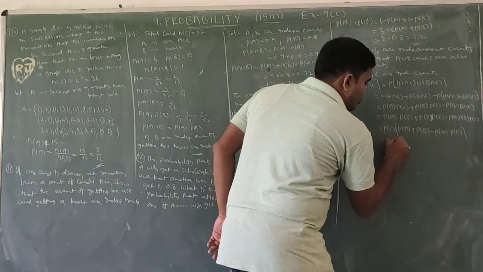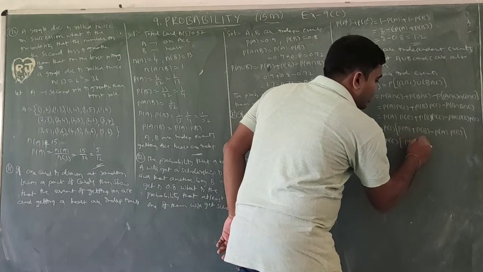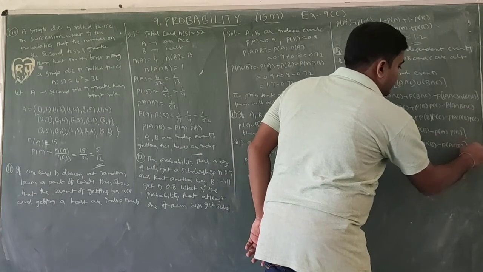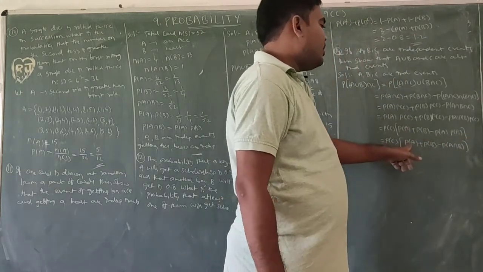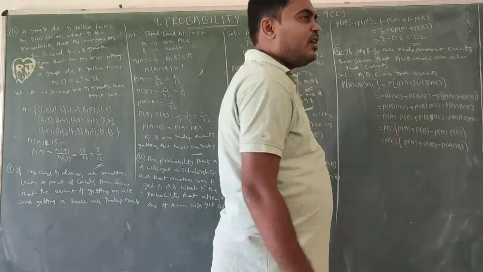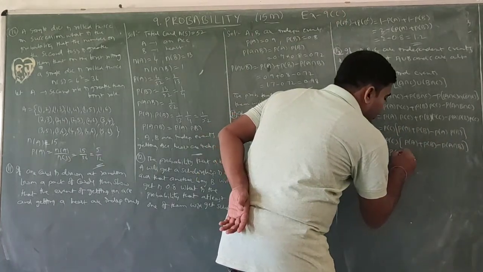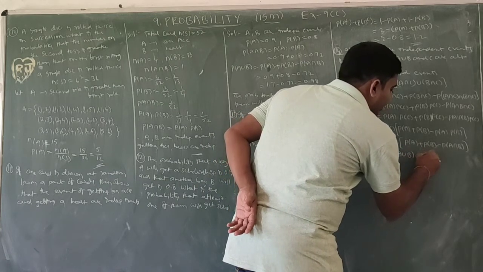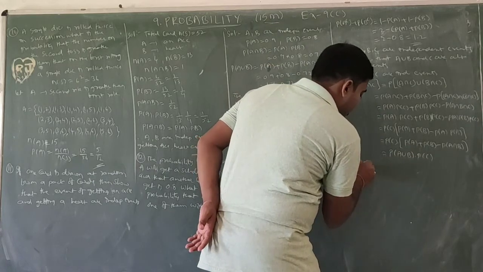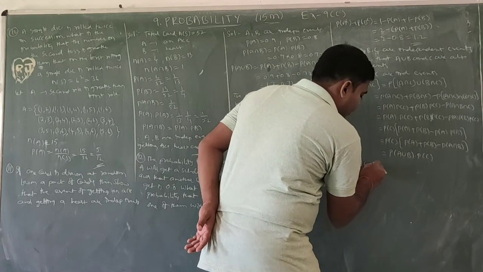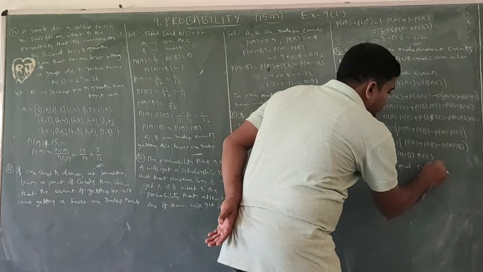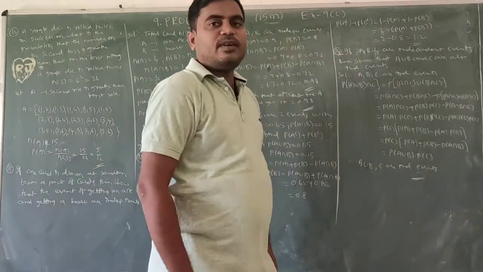P of C into P of A plus P of B minus P of A intersection B. So the bracket P of A plus P of B minus P of A intersection B is the formula for P of A union B, so P of A union B into P of C. So we got the intersection as the individual product. Therefore, A union B and C are independent events. So this is the required solution.